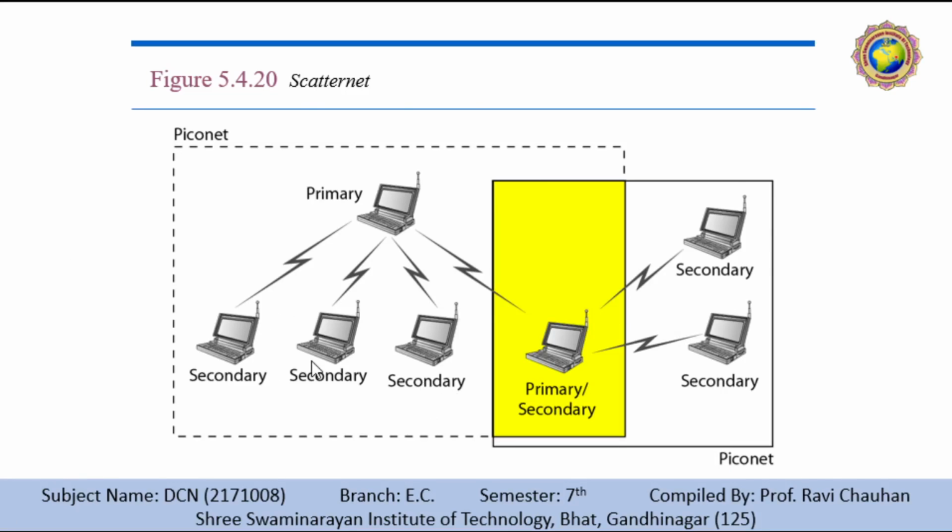This station can receive the message from the primary in the first piconet and, acting as a primary, deliver the data to the secondaries in the second piconet. A station can be a member of two piconets. Fine. So it shows the scatternet concept clearly.